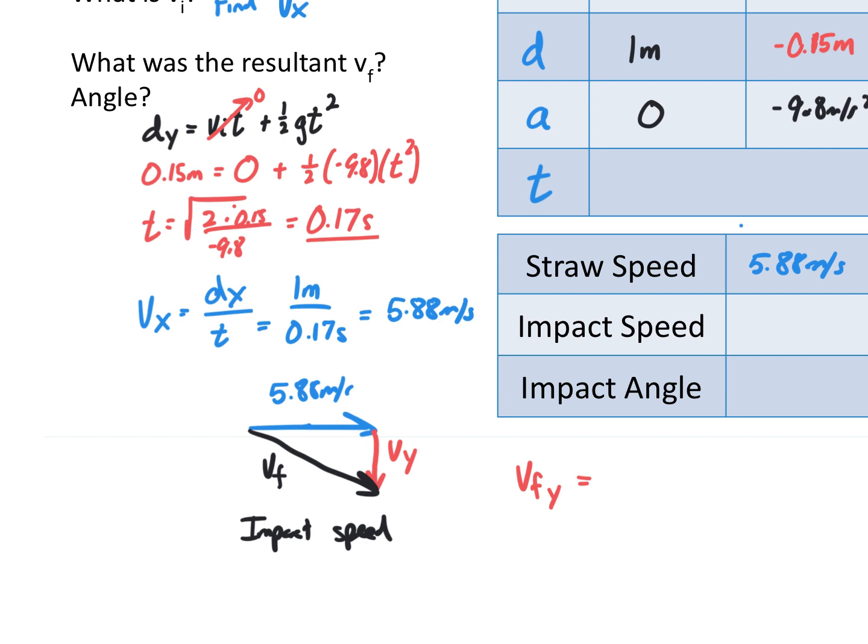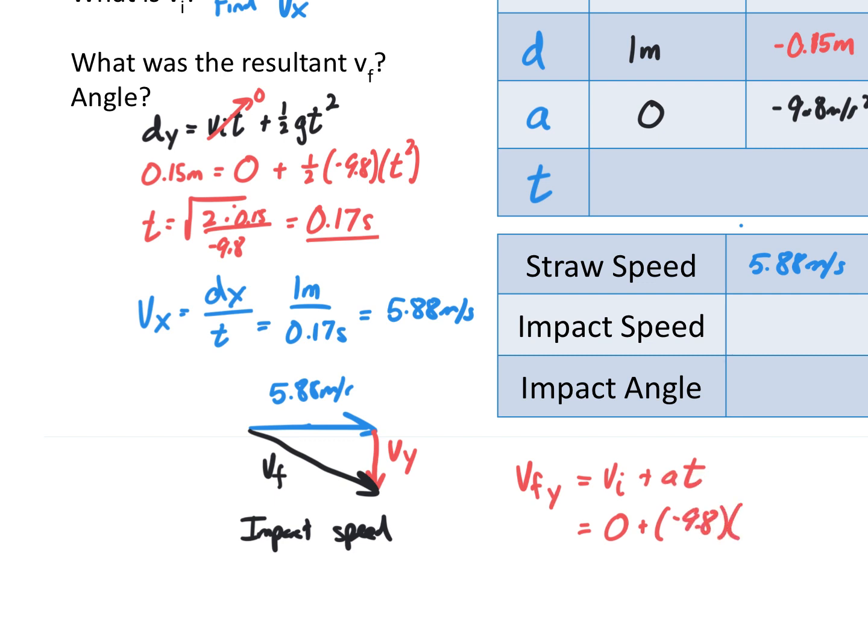Now, in order to find that y velocity, that final velocity in y, I can go back to my acceleration equations, right? Because their motion is accelerated at negative 9.8 meters per second squared. So I can take the initial velocity plus acceleration times time.